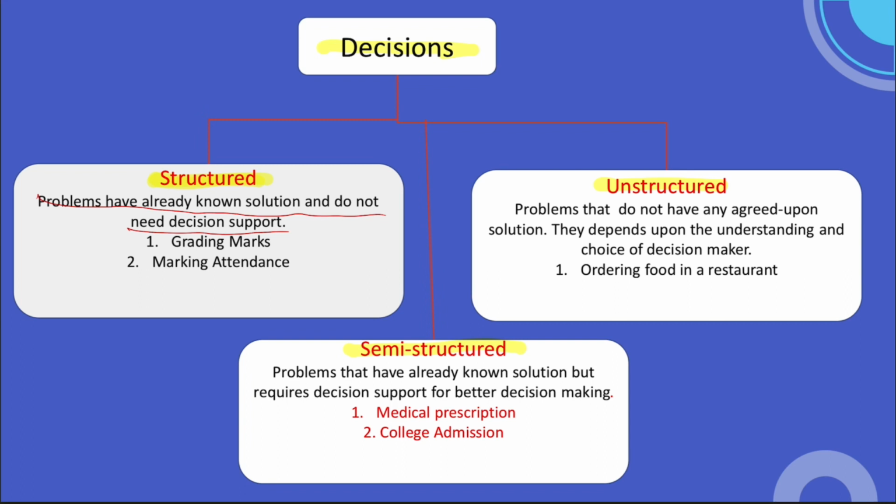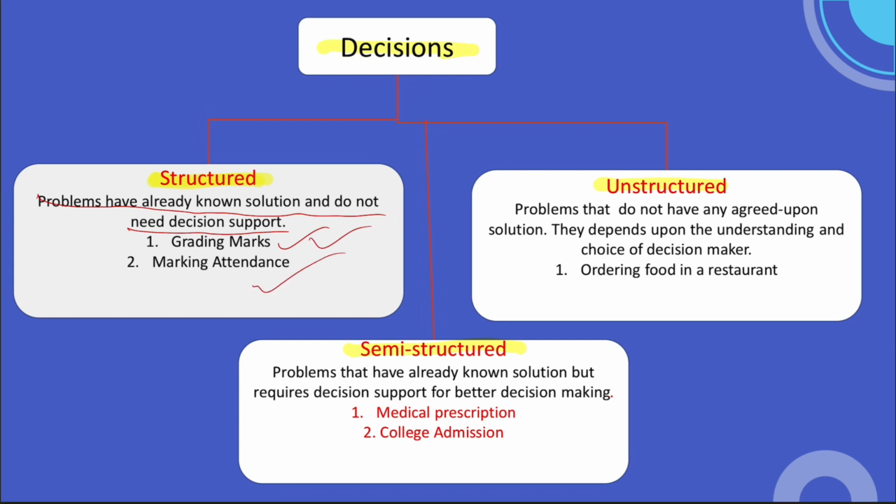For example, grading marks. One of the problems is giving grades. While we give grades, the answer is fixed: it is defined that if the marks are above 90%, you give grade A. So for this problem, the answer is defined. We don't require much further decision support for it.